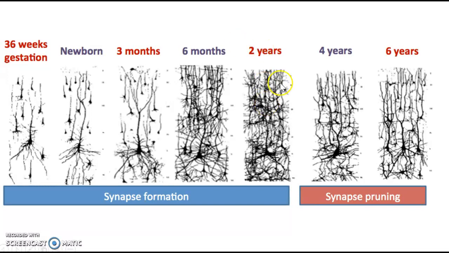So we see this explosion of synapses, but then our brain wants to be efficient. We don't want connections that we don't need or don't use. We'd love to use those synapses or that electricity or that dendrite somewhere else where we're going to need it. So what it starts to do is it'll prune away.